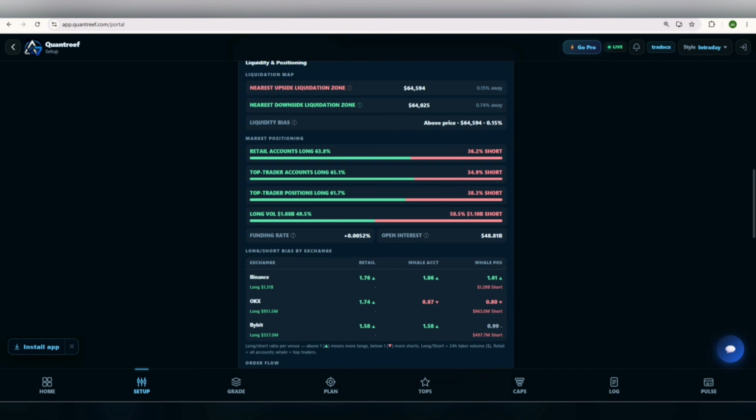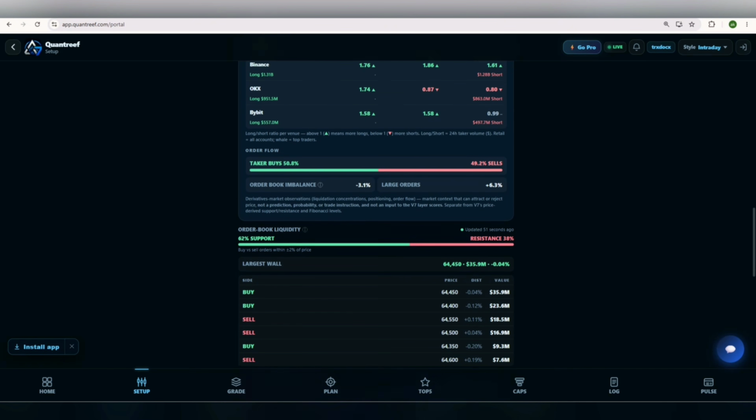You can easily check some market positioning. As in Bitcoin, there are also retail accounts with the long volume, how much in billions, and people are buying the Bitcoin asset on their platform. Most important is also liquidity.